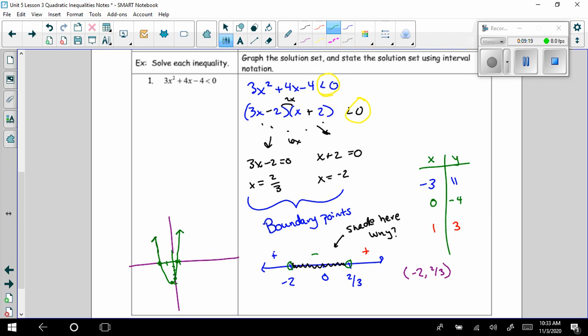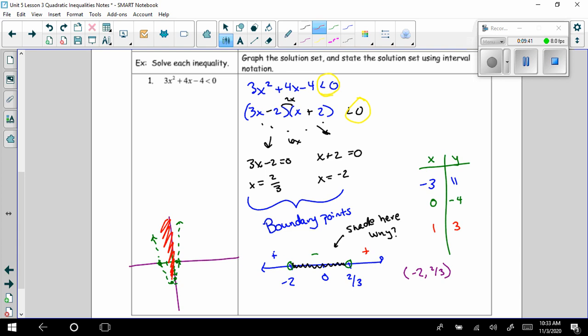Actually, I just drew that wrong. This would be a dashed line because it says less than. And because y is greater than that entire function, if we plug our y back in here, we're going to shade above the curve. So we would shade in here.